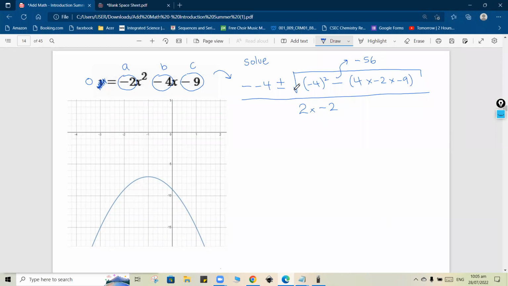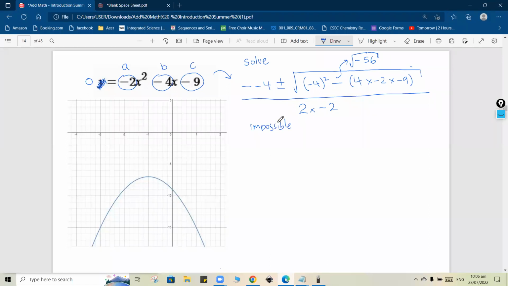Now, if you attempt to square root the -56, you're going to realize that you cannot square root what? -56, right? So when you try to square root it, you're going to get what on your calculator? You are going to get an error, which means that solving this is impossible.